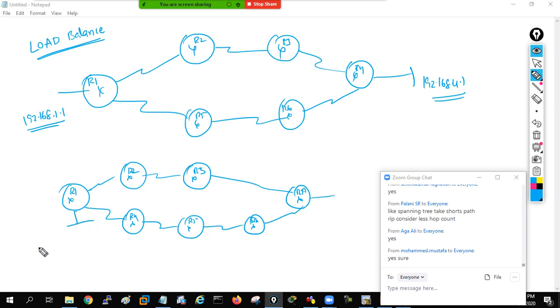Here there is a network 192.168.1.1 and here 192.168.7.1.